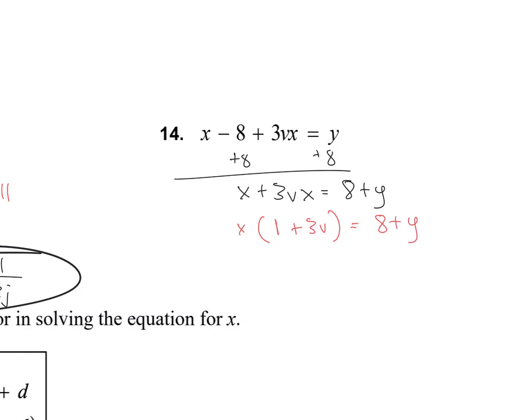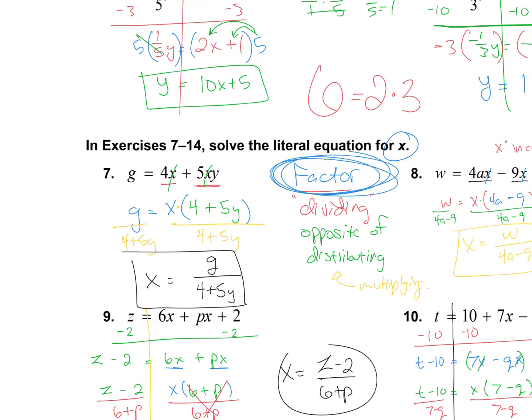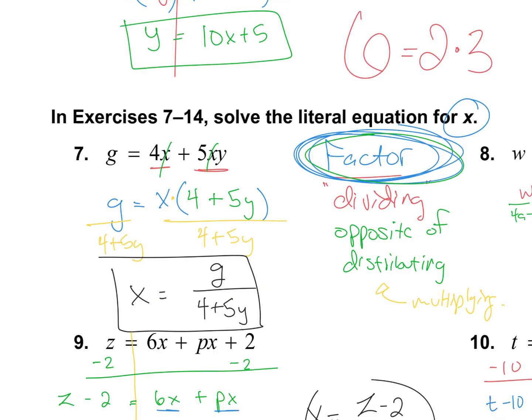And I should slow down for a second to just point out that x is by itself, right? And in fact, I probably should have pointed that out way back over here. When you factor, one of the things that we talk about is you should be able to do the opposite of factoring, which is distributing. And you should get the original thing when you distribute. So right here, for example, when we multiply x to 4, we get 4x. When we multiply x to 5y, we get 5xy, right?